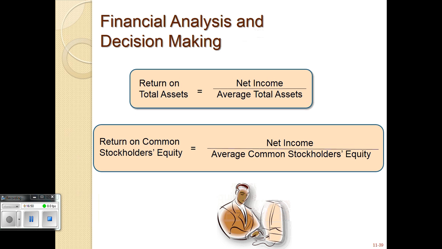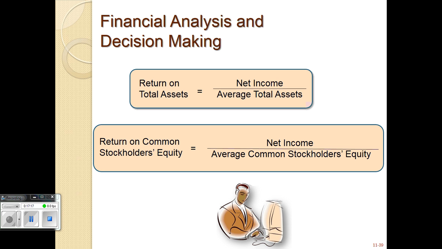There are two ratios we need to be aware of. One is return on total assets, which is net income divided by average total assets. Average total assets are beginning assets plus ending assets divided by 2. And that number, return on assets, is probably going to be hopefully 8, 9, 10%. And then finally, we'll have return on common equity, which is also net income divided by average common shareholders' equity.